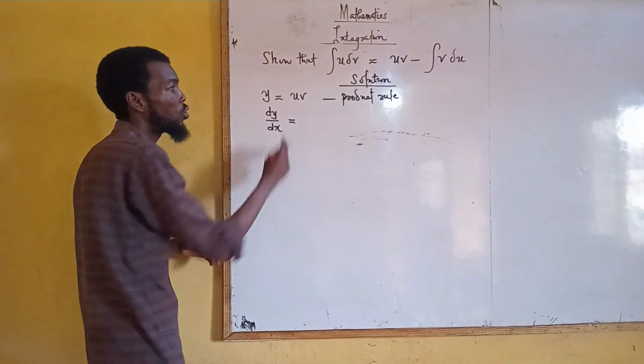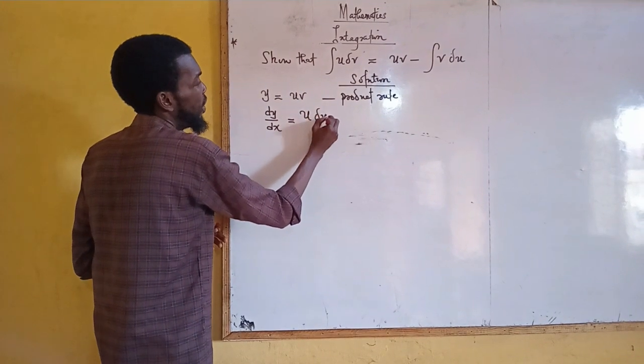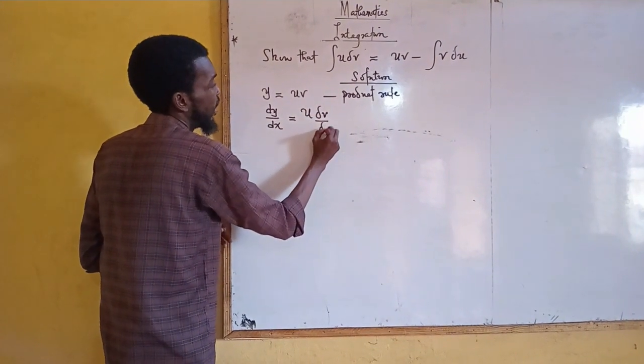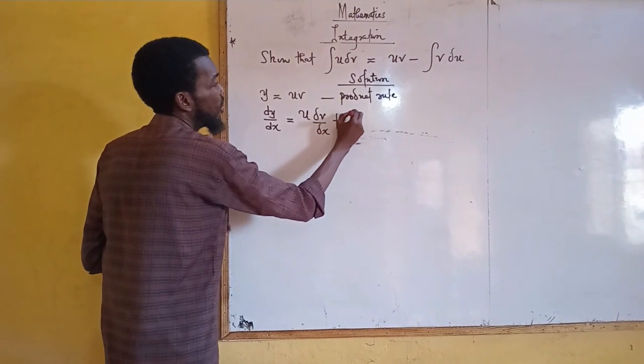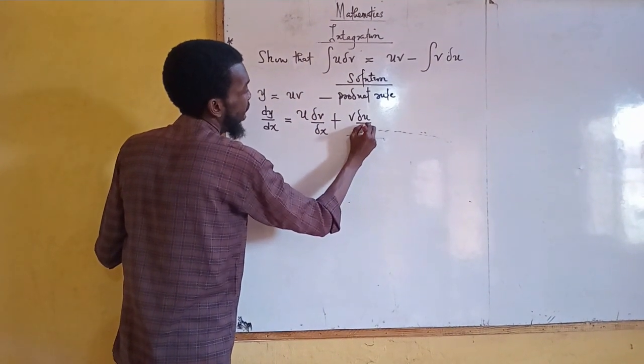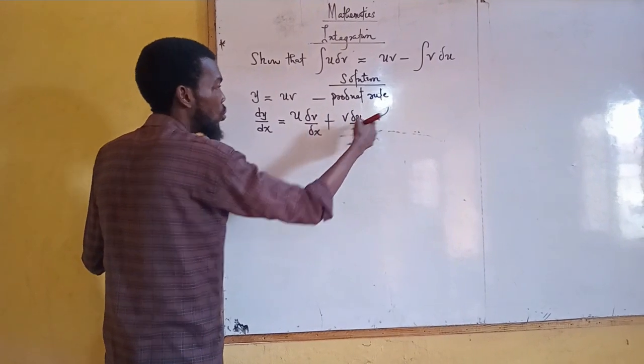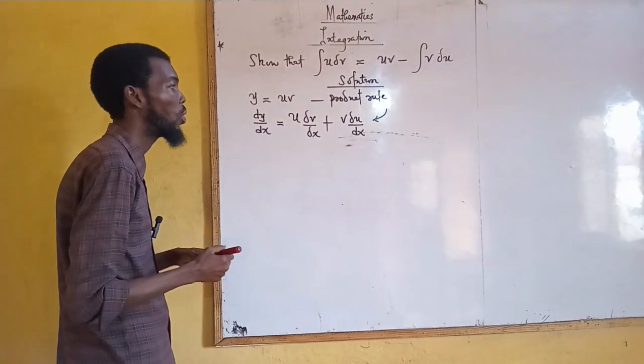What is our product rule? u dv/dx plus v du/dx. And now this is what we call the product rule.